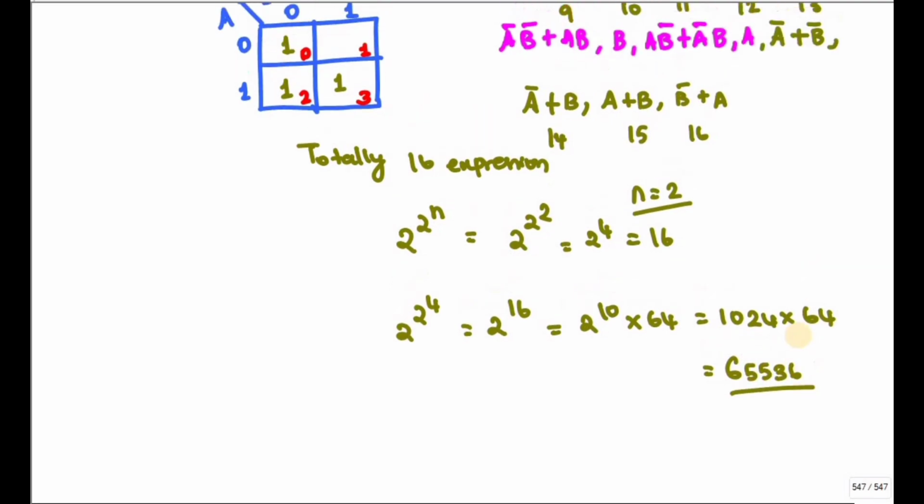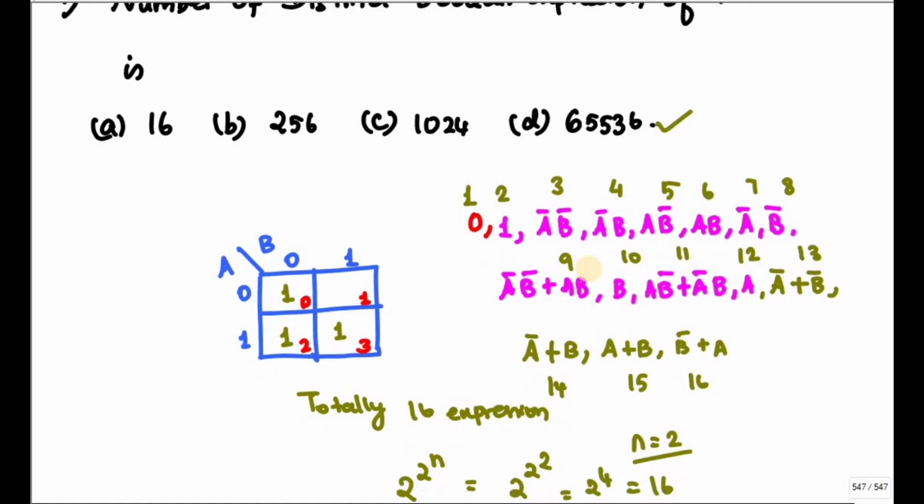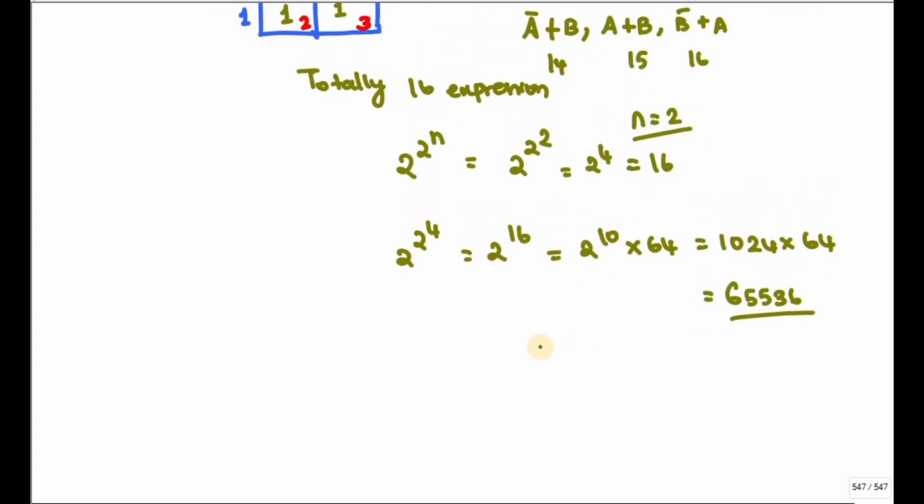So the total number of expressions for 4 variables is 65536.